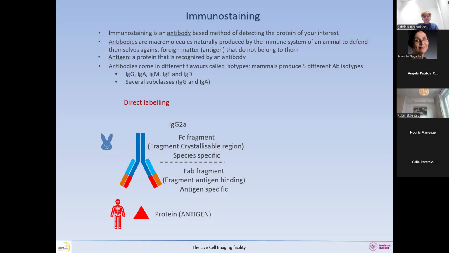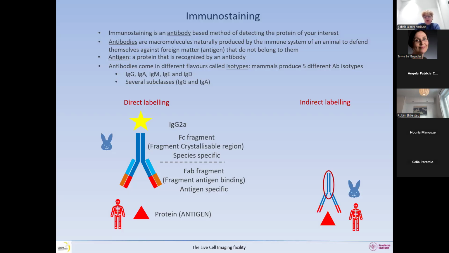So how do we detect our protein? We can do so-called direct labeling. Then we label our antibody with either a fluorophore or a chemical, and then we can detect it at the microscope. We can also perform indirect labeling, and in this case, again, we have our antigen, which is recognized by our antibody, which comes from a rabbit.